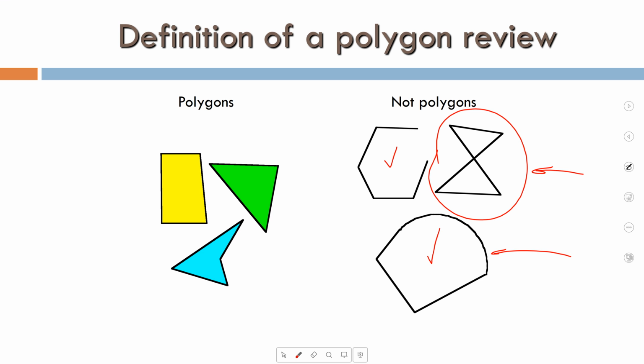No intersecting sides. Well, don't these sides intersect? Doesn't that line segment and that line segment intersect? They do. They don't cross each other.